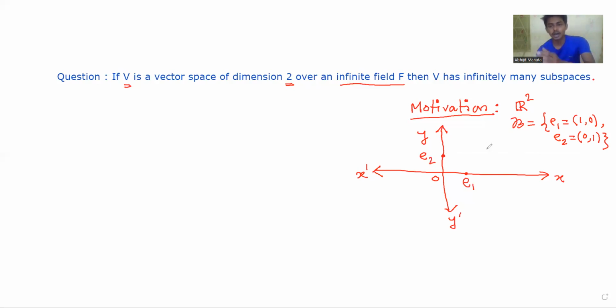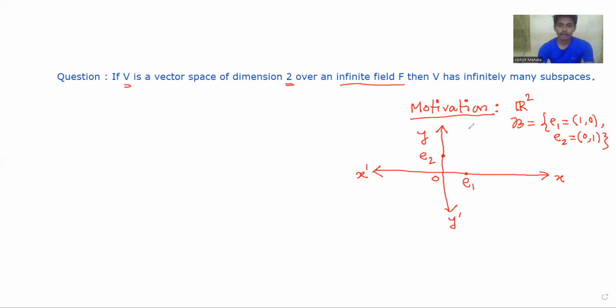Now, for R2, it is clear that all the lines passing through the origin are subspaces of R2 of dimension 1. And it is clear that there are infinitely many lines passing through the origin. So R2 has infinitely many subspaces. But for an arbitrary vector space, we have no concept of line.